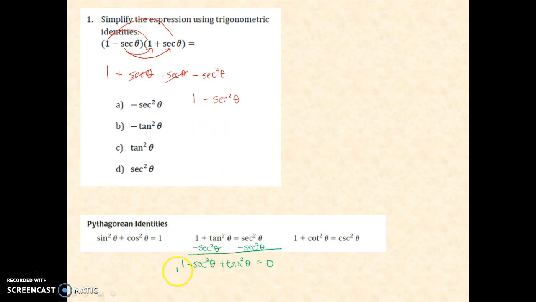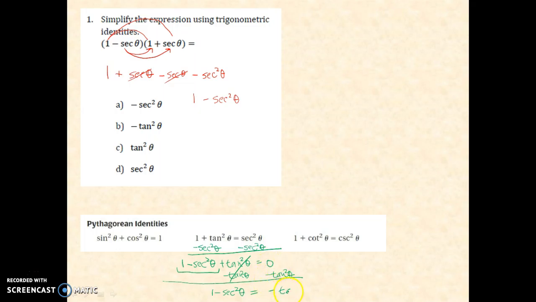So now I got this part right here. I just need to get this off of this side. So I can subtract tangent squared theta from both sides. And I get 1 minus secant squared theta equals 0 minus tangent squared theta.